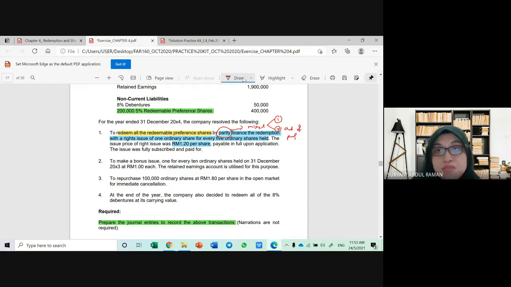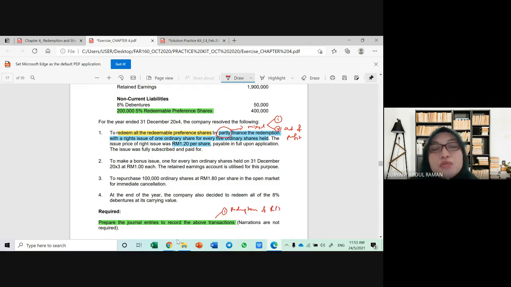Please be very careful here because the word said partly. Partly means only a portion, not fully financed by the rights issue. So you know the other portion will, of course, be out of profit. So transaction number 1 is about the redemption of redeemable preference share.